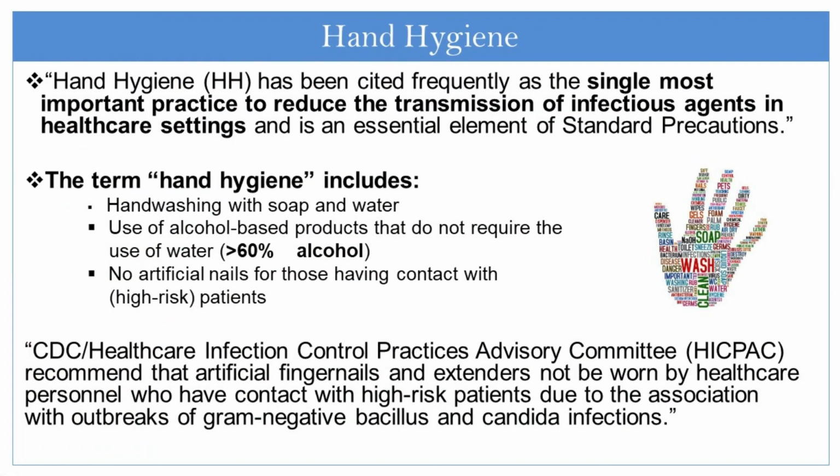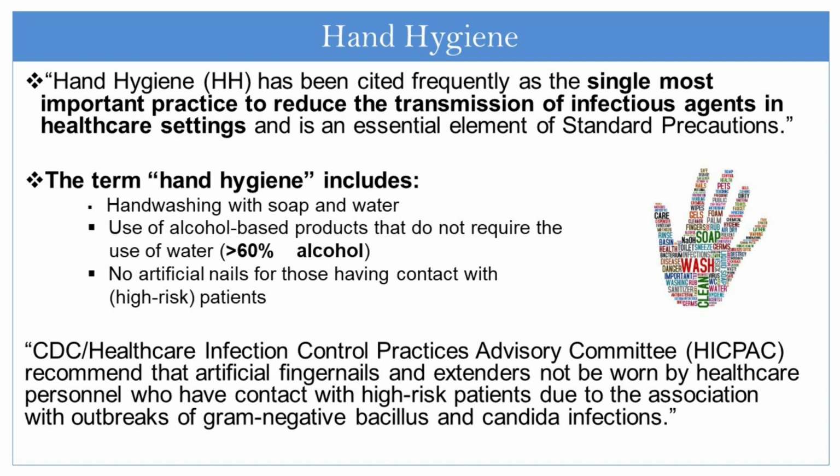Hand hygiene has been cited frequently as the single most important practice to reduce the transmission of infectious agents in healthcare settings and is an essential element of standard precautions. The term hand hygiene includes hand washing with soap and water, and use of alcohol-based products that do not require the use of water, that is, more than 60% alcohol.